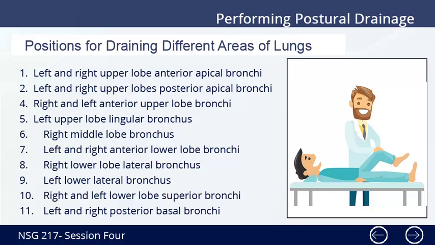Number 9, right and left lower lobe bronchi. You will have patient lie flat on stomach with pillow under stomach. Percuss and vibrate below scapulae on either side of spine. Number 10, left and right basal bronchi.